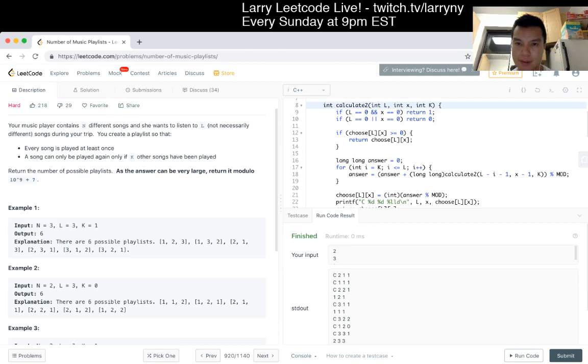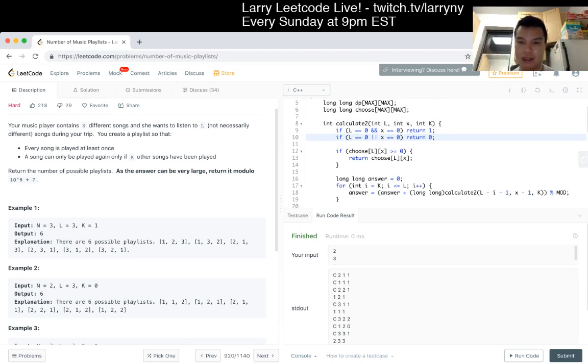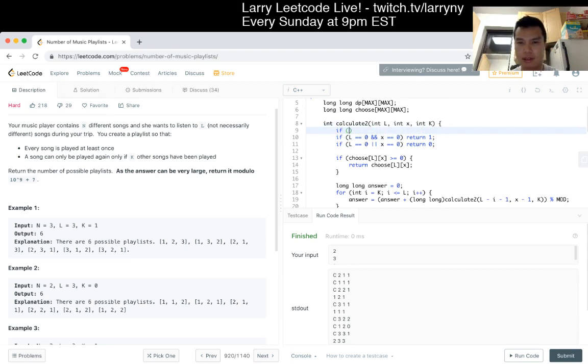Oh, it's okay that we have L left. If x is 0, then that means 1. Okay. Something like that. Because we don't have to match it on the last one. Something like that. Is that right?